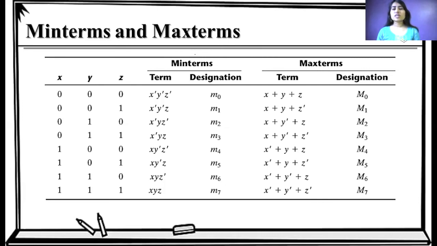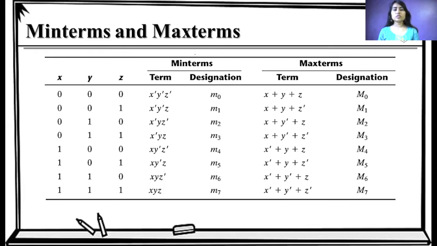Here suffixes are used according to these binary patterns, which are the decimal equivalents of the binary pattern. Like for 0, 0, 0, we have M0, for 0, 0, 1, we have M1, for 0, 1, 0, we have M2, and for the last, 1, 1, 1, we have M7. So this is how max terms can be designated.